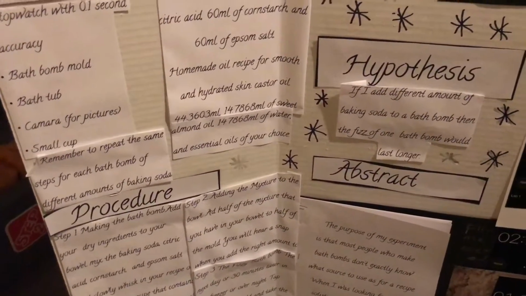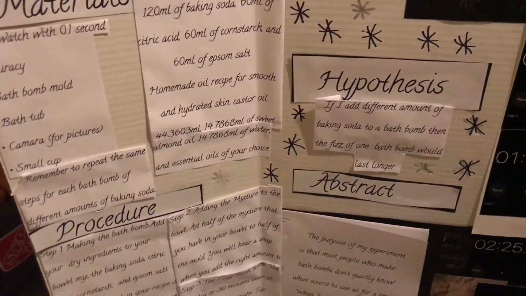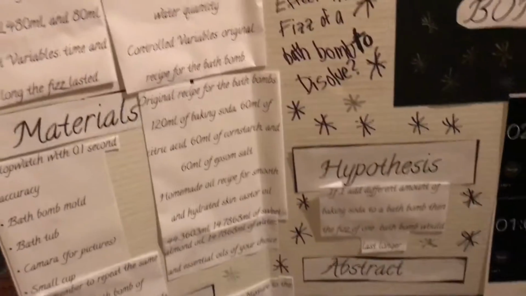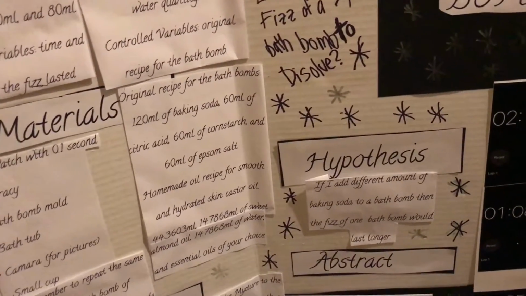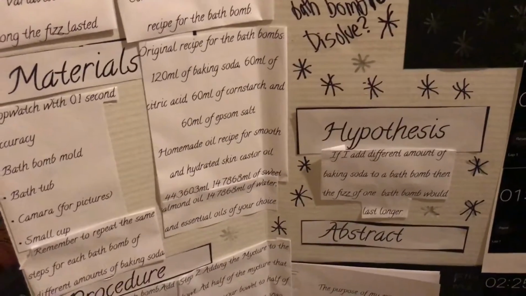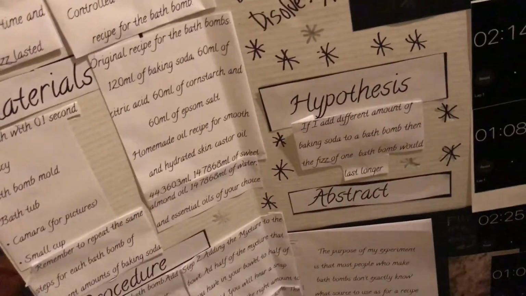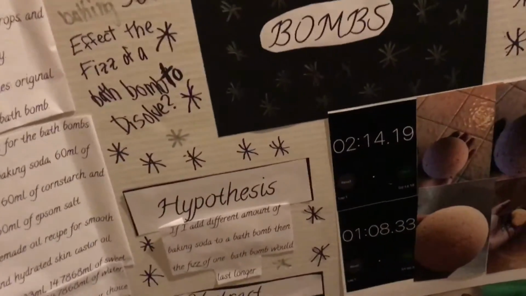Then you will hear it snap, and that means you put it either in the refrigerator for 30 minutes or let it sit overnight. It's better to let it sit overnight, because when you put it in the refrigerator, it can have ice crystals inside or freeze a little too much, and that's not okay, because then your whole bath bomb will start melting.